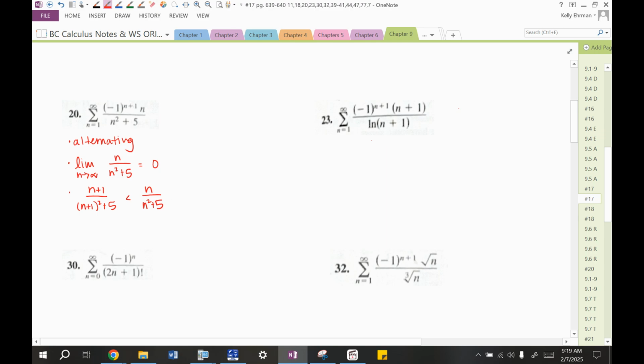N versus n plus 1 in the numerator. I know n plus 1 is a bigger numerator, but the n plus 1 squared is going to grow faster than just the n squared in the denominator. So this is true. You're not really going to have to go through extra work to prove that that's true. So again, this one converges by alternating series test.